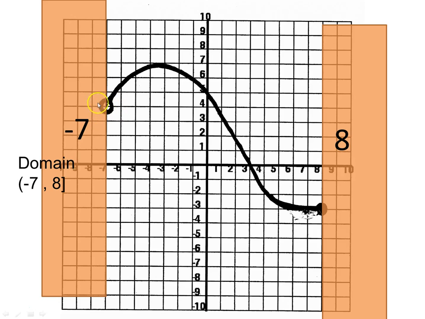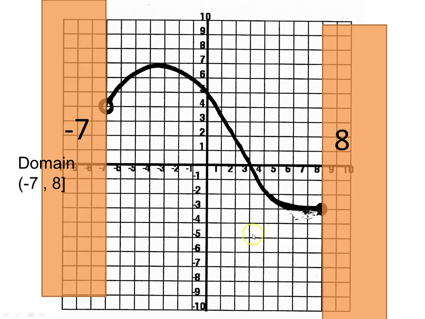And an open circle is a great big message: hello, -7 is not an answer. So how do I tell somebody -7 is not an answer? I put a parentheses because a parentheses tells somebody that's not an answer. You get really close to -7, but you can't use -7.